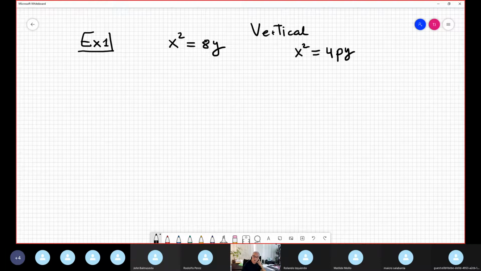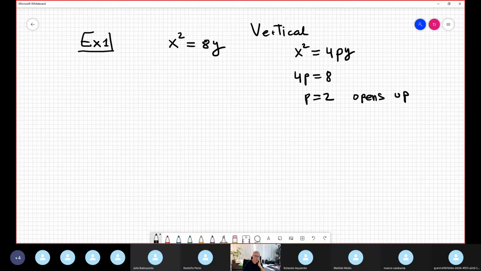I see that in our specific problem, 4p equals 8, therefore p is 2. In what direction does this parabola open, up or down? Up, because p is positive. Very well.